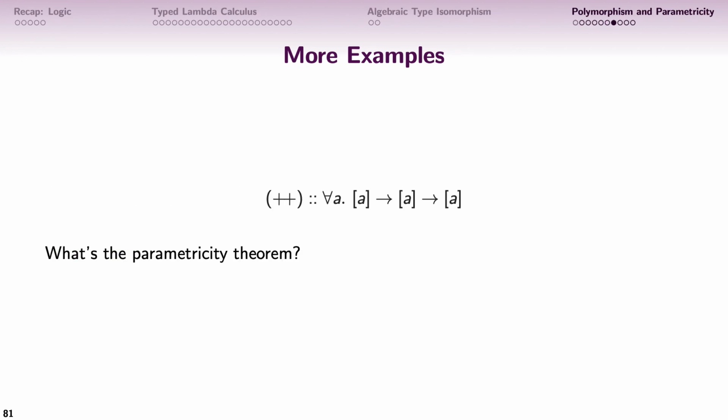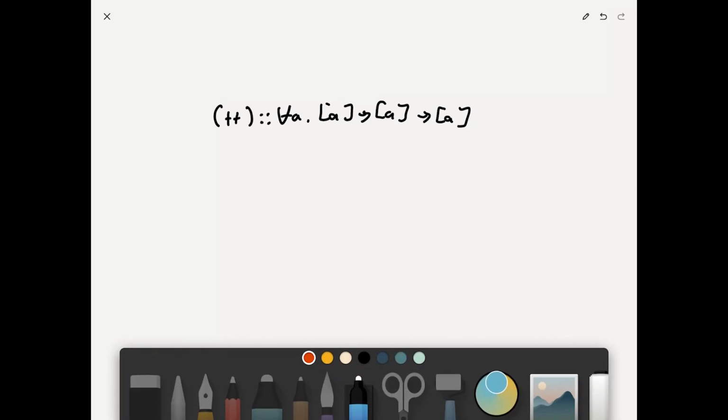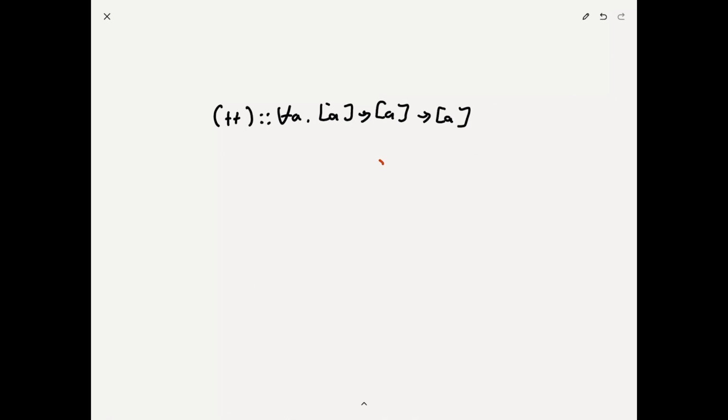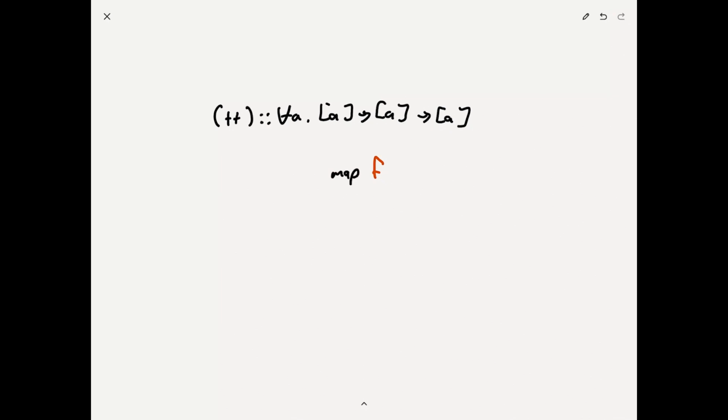Next, let's look at something a bit more complicated. We have plus plus here. So plus plus is of type for all A, list of A to list of A to list of A. And once again, it cannot depend on any input of type A. So if I have my special transformation f and I apply it to all of my inputs of type A, so I need to use map to get at those, so let's call it xs and map f.